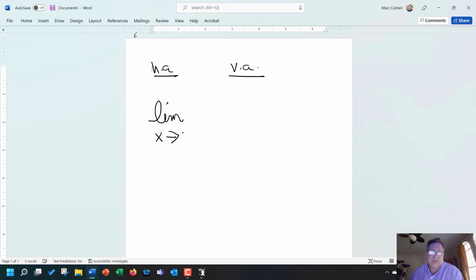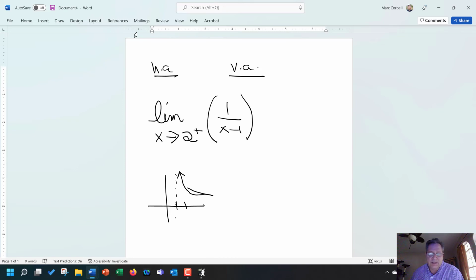Let's say x approaches the value 2, and we'll say either from the right or the left. We'll say from the right of 1 over x minus 1, or f of x. And remember our graph, if we looked at that graphically, we'll look at 2, and here's 1 with our asymptote. We know the graph did this kind of behavior. It goes down. Whoops, terrible drawing there. We'll try that again.